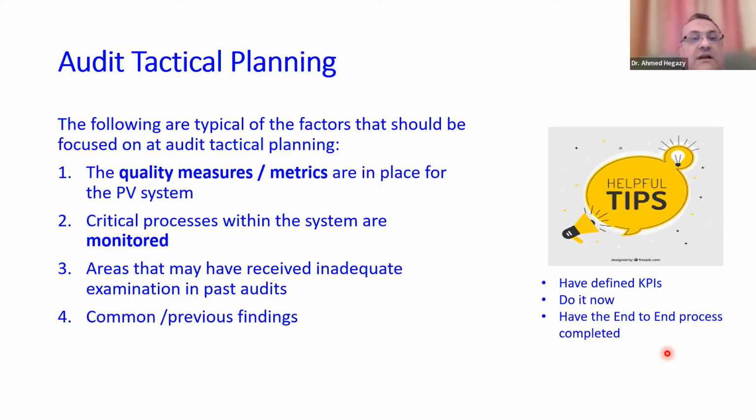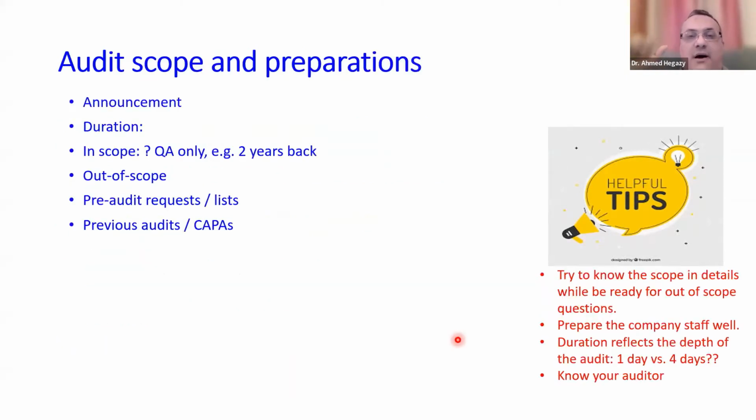What else? Usually, the audit is divided into, let me say, 3 parts: before the audit, during the audit, and after the audit. Very simple. So before the audit, usually there is something called an announcement. Some audits are unannounced, so people come in the morning, knock, knock.